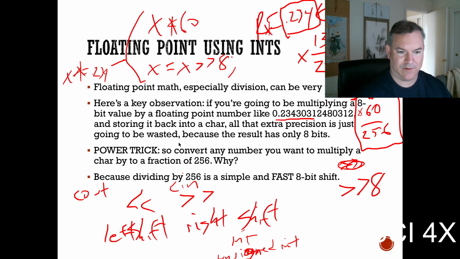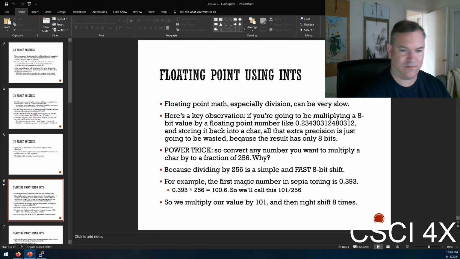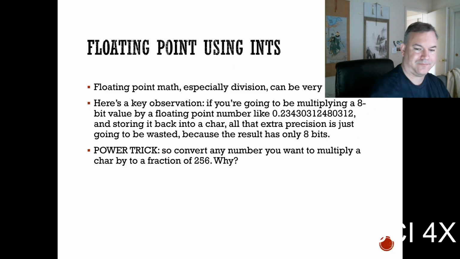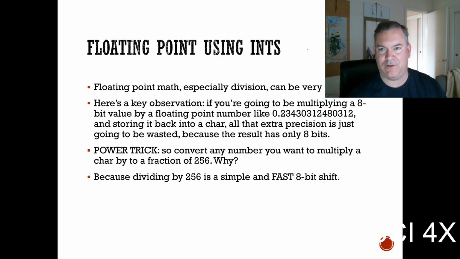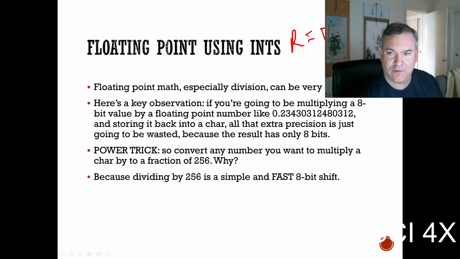Let's do another example. Let's have you guys do this. The sepia toning algorithm is going to call upon you taking the red value and multiplying it by 0.393. So Rivera, what fraction is this?